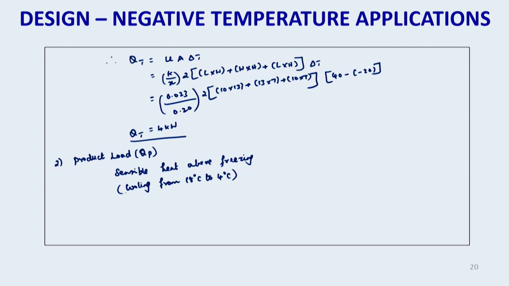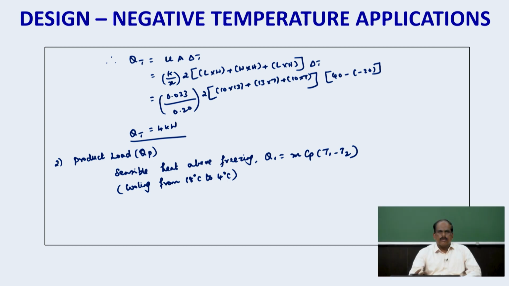This is similar to the pre-cooling. So Q1 is equal to M into Cp into T1 minus T2. This Q1 term was 0 because these details were not given for the previous two numerical questions pertaining to negative temperature application, solved in lecture number 25, part 1 and part 2.